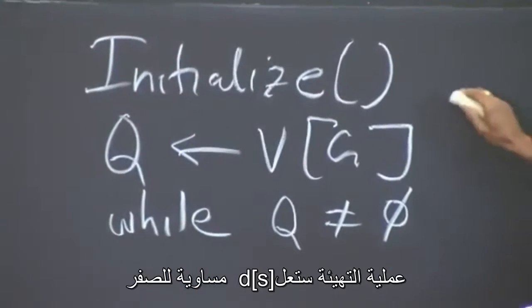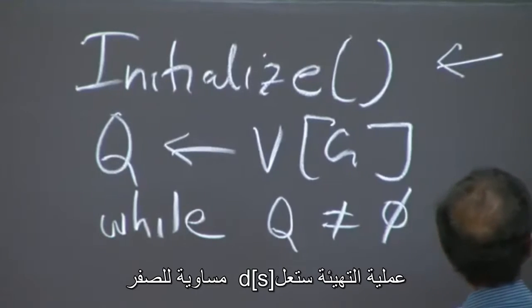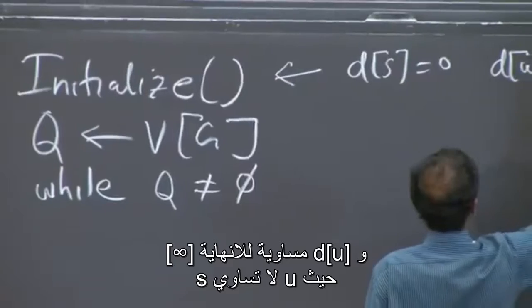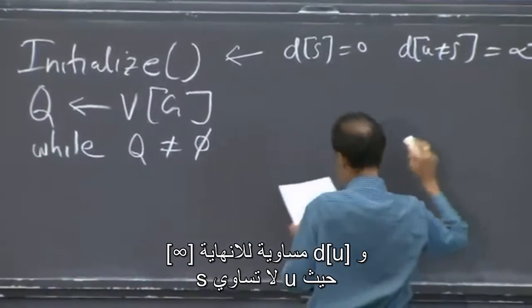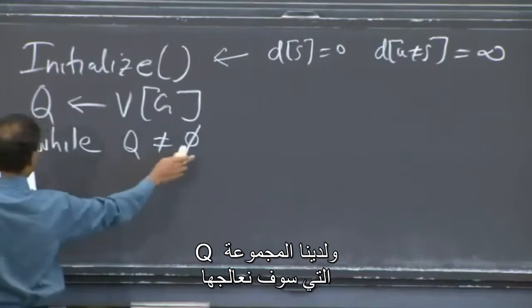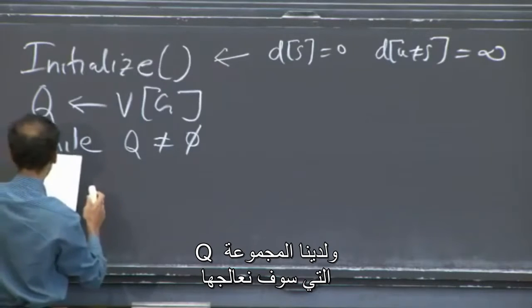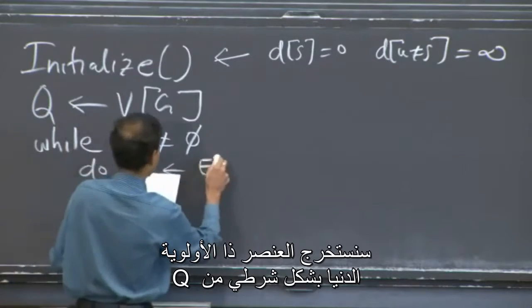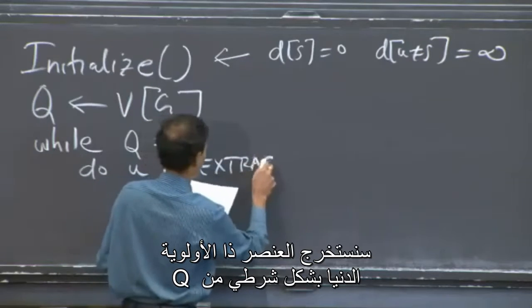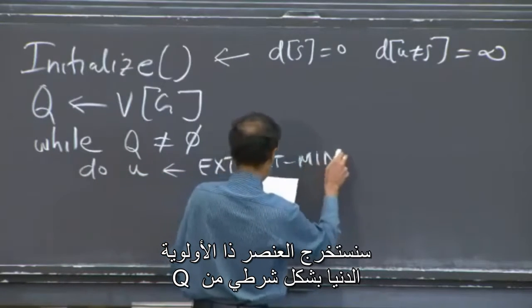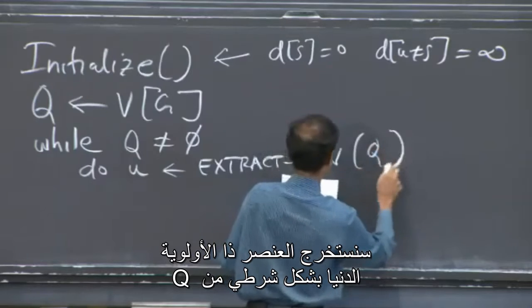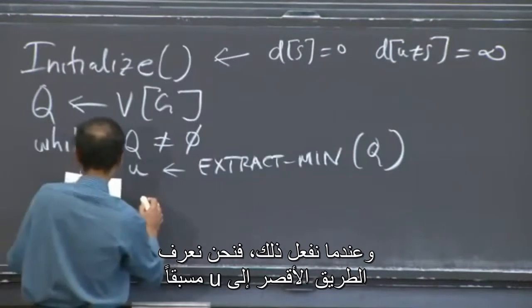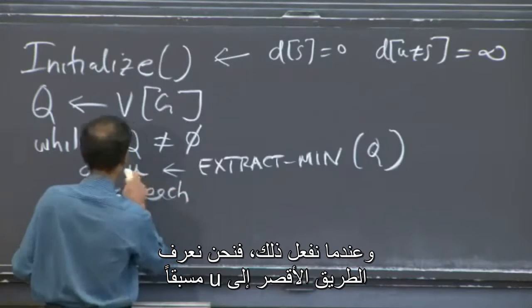Initialize is going to set d of s to be 0 and d of u not equal to s to be infinity. We have this set Q that we're going to process and continually extract the minimum priority from Q. And once we do that, we actually know the shortest path to U already.